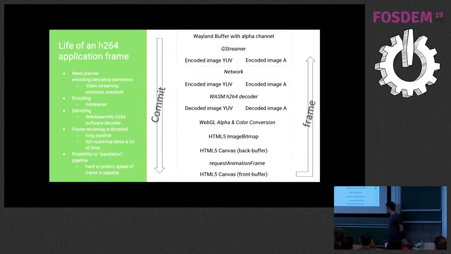Now there are a few interesting things to notice. This is a long pipeline, and it's a slow pipeline. Even if you had instant encoding and decoding, and no vsync, you still have your network latency. On a slow network, or definitely the internet, it can be 40-50 milliseconds. So in the best case scenario, you would get 20 frames per second or something.